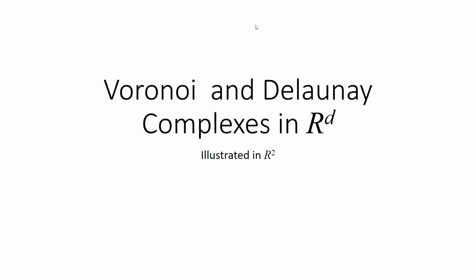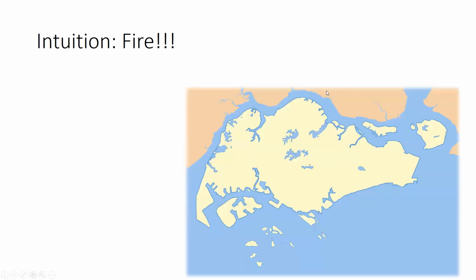Let's say this is a Singapore map. Assume Singapore only has two fire stations. One is in Tuas, one is in Changi Airport. My question is, if there is a fire somewhere, you want to call the fire station which is closer to you. For example, if you have a fire here, around Choa Chu Kang, the nearest one should be Tuas, so you should call Tuas.